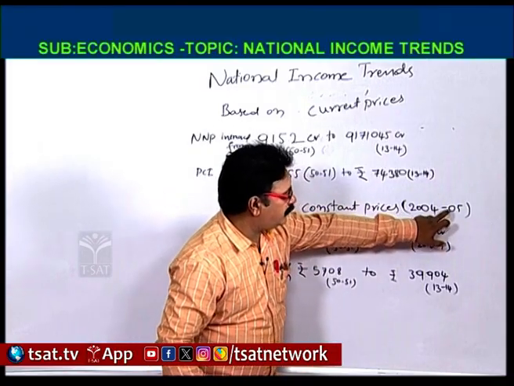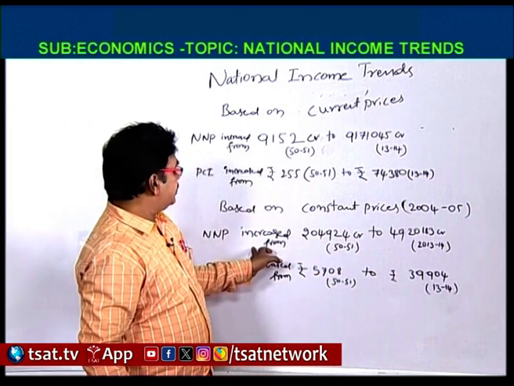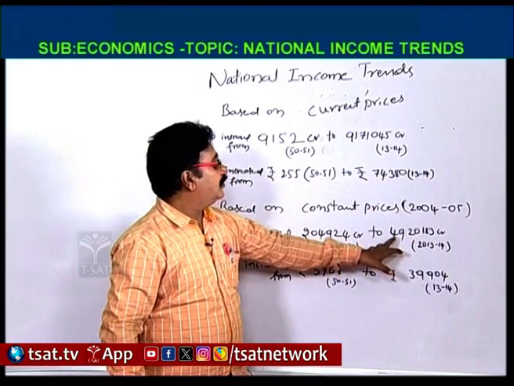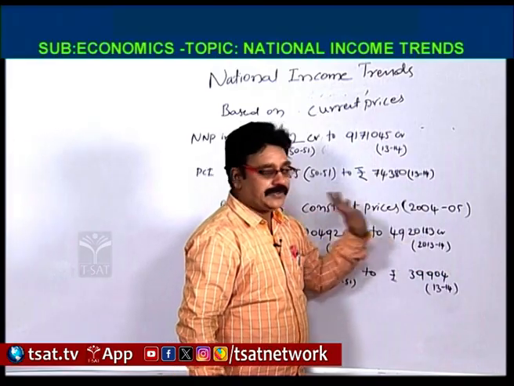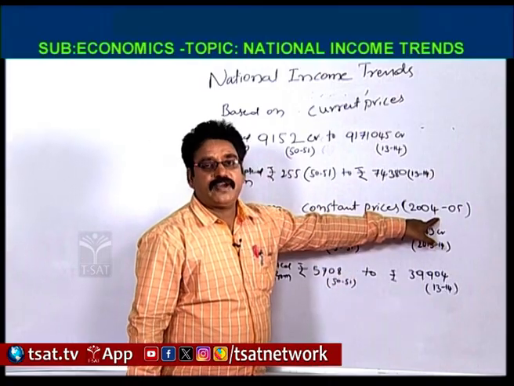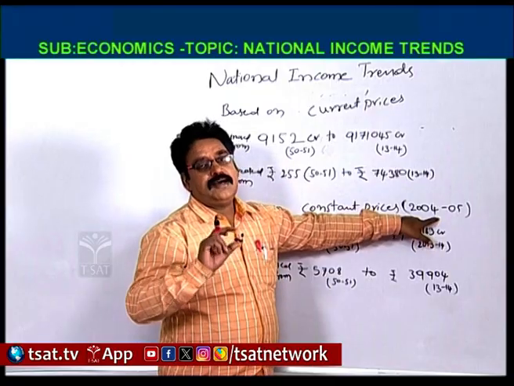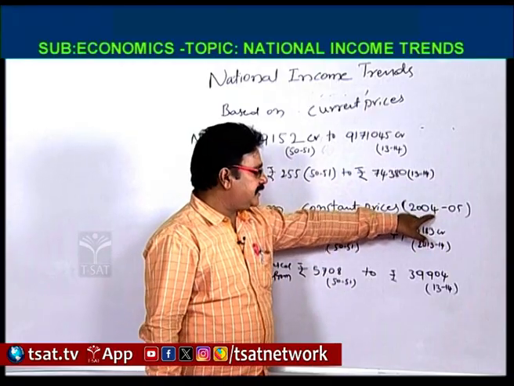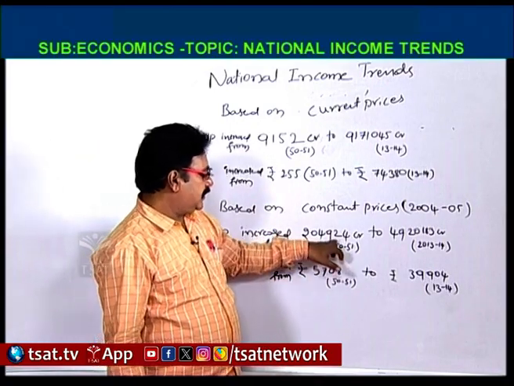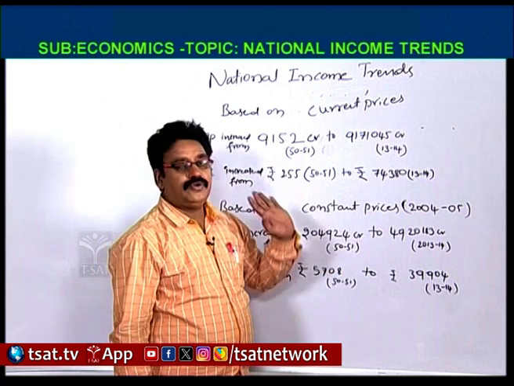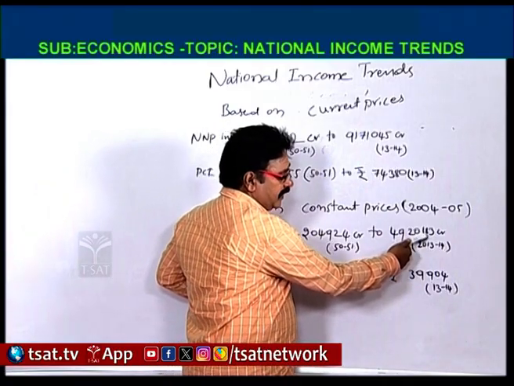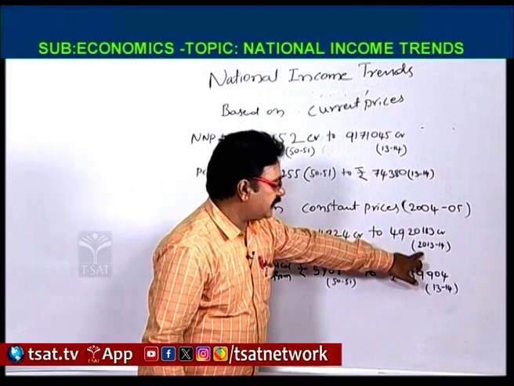According to the prices of 2004-5, our NNP increased from 2,04,924 crores in 1950-51 to 49,20,183 crores in 2013-14.